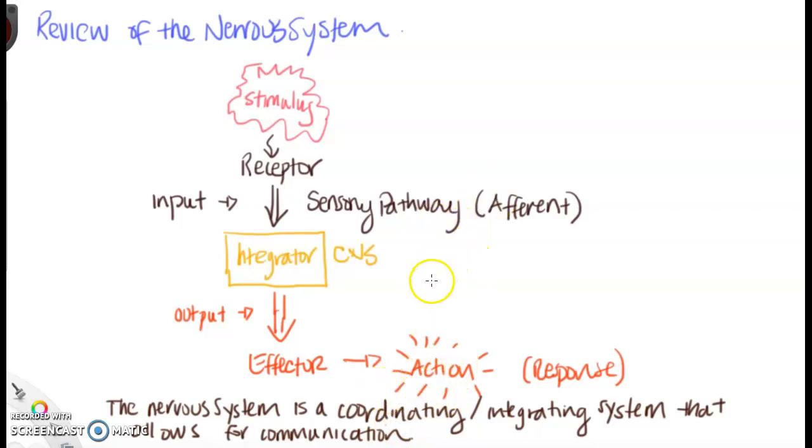The endocrine system works the same way. Okay, so the endocrine system will also have integrators. So at this point, you will still have a stimulus that the body is going to respond to. It's still going to send that information somewhere within some kind of integrator.